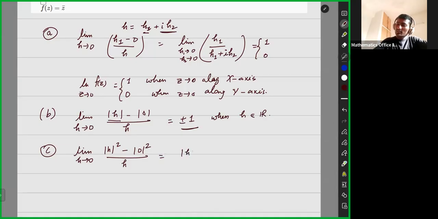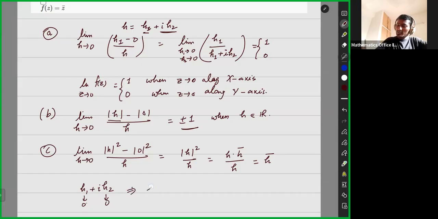Mod h square divided by h can be written as h into h bar, divided by h. This becomes h bar. And now when h tends to 0, so h1 plus i h2, h1 goes to 0, h2 also goes to 0.